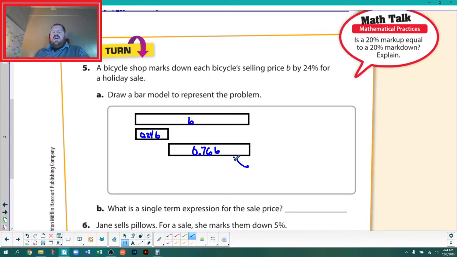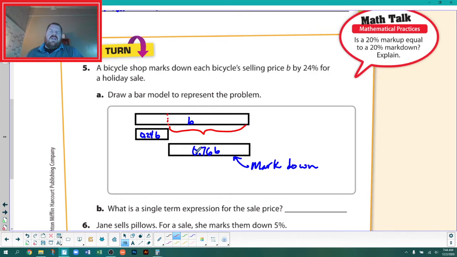And this is my, we'll just say that's my markdown. I like showing it that way rather than your book. When they showed it, they had a little dotted line that was even with this one and said that markdown was this part.